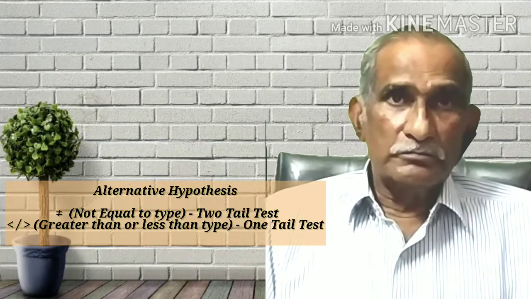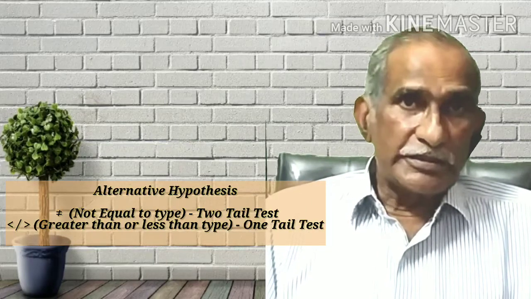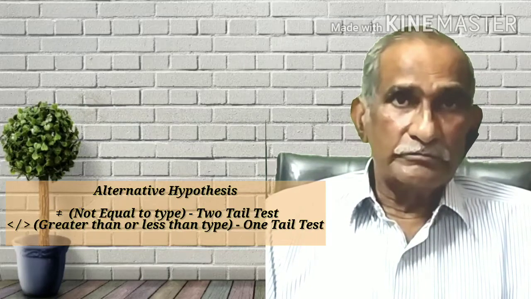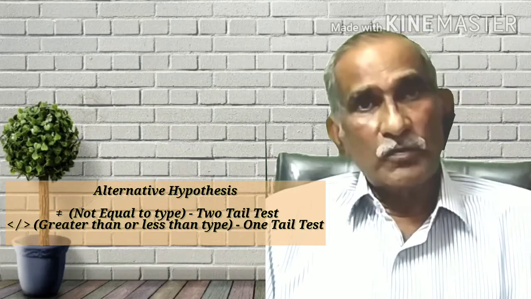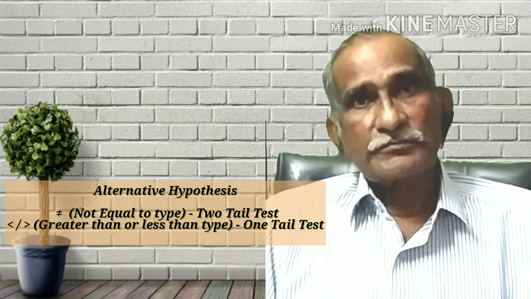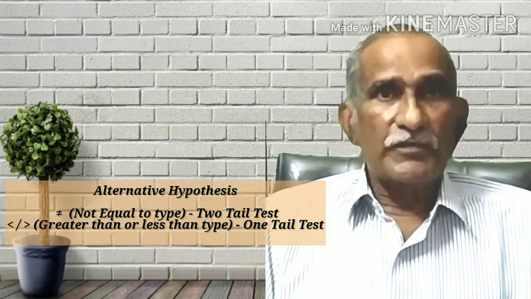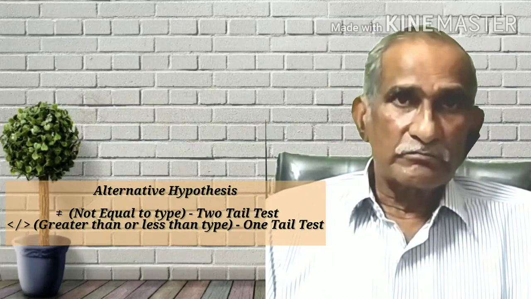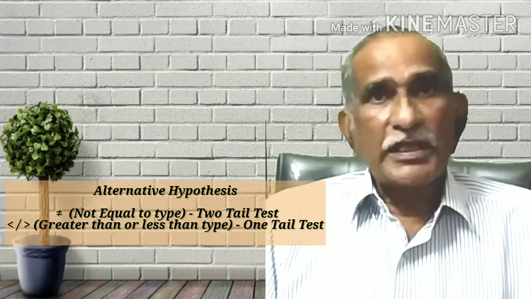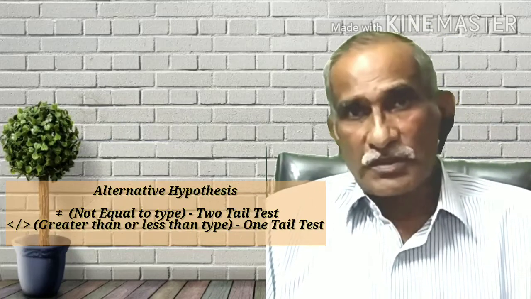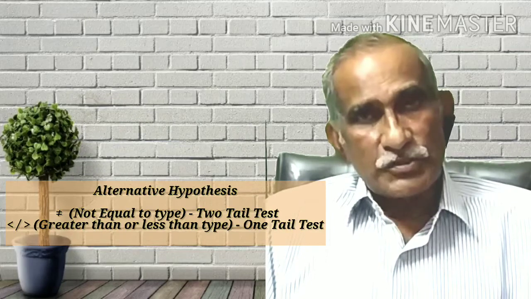How can we know whether the test is two-tail or one-tail? It can be known from the alternative hypothesis. If in the alternative hypothesis there is inequality sign, not equal to, it is two-tailed test.